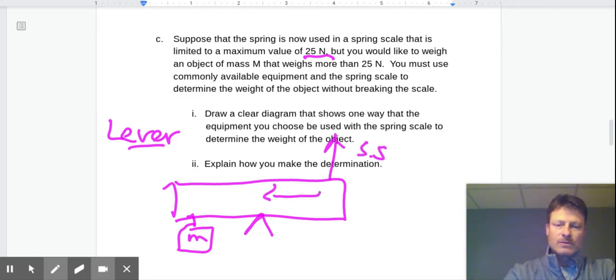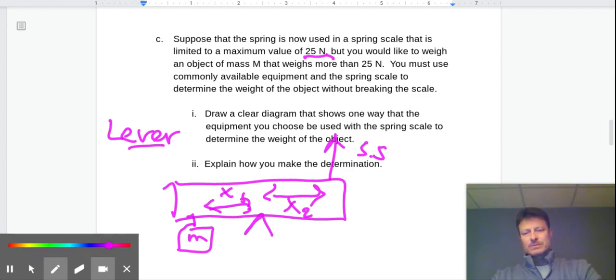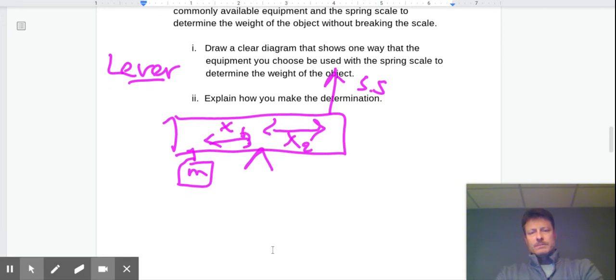You'd look at the fact that there would be different distances away. If the weight M is bigger than that force, then maybe X1 is less than X2. The torques on either side are going to balance each other out.